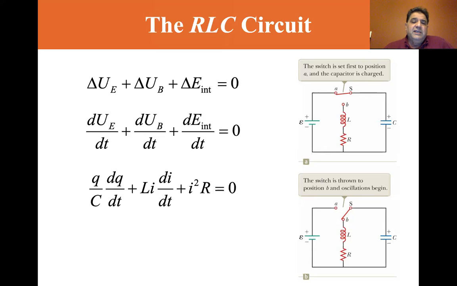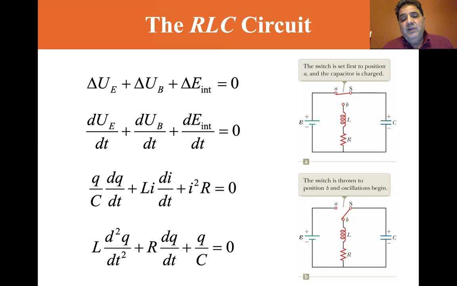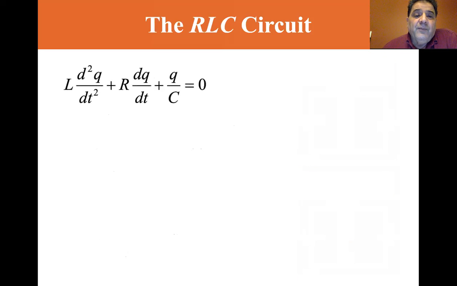So you're left with Q/C plus L di/dt plus IR. And we learned in the last set of slides that since I is dq/dt, di/dt is really d squared q/dt squared. If we take that information and rearrange everything, we have L d squared q/dt squared plus R dq/dt plus Q/C equals 0.